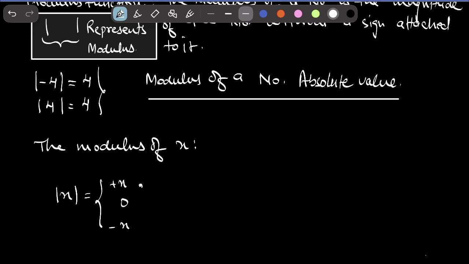It depends on the situation. Suppose x is greater than 0, this is the case; when x is equal to 0, this is the case; and this statement comes when x is less than 0. Okay, so let's start with the solution of these types of questions so that you can understand the concept in detail.